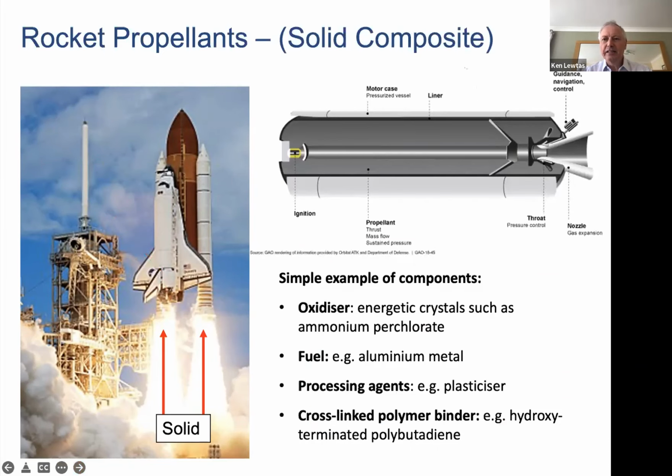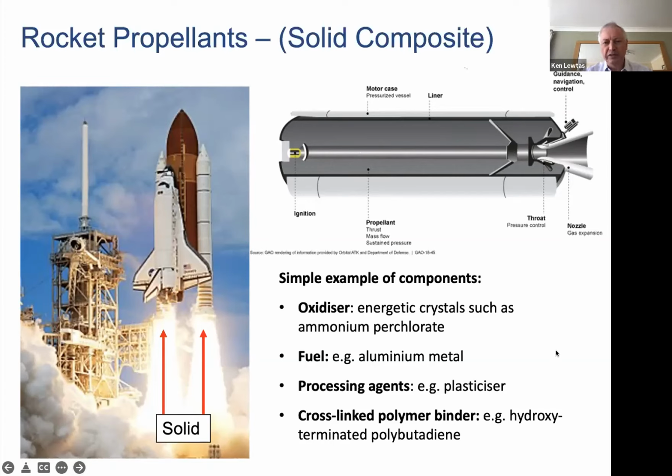So this is a cutout here of the solid rocket motor. It has a gap down the middle. The propellants on either side, if you like, in the cylinder. It has an igniter at the end and a throat to adjust the pressure. And then it's ignited and then it's off.